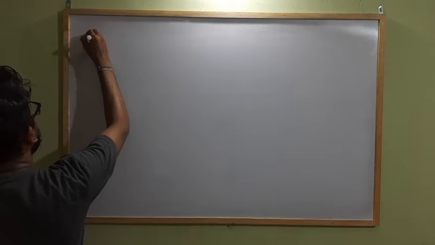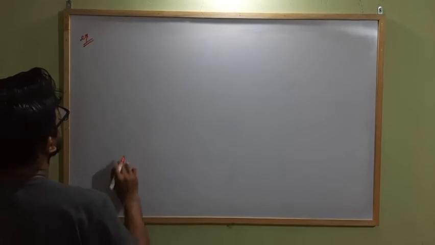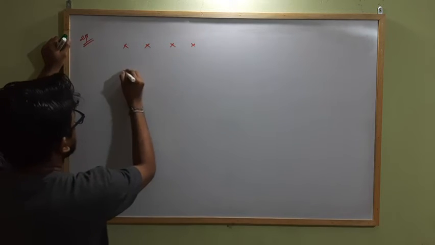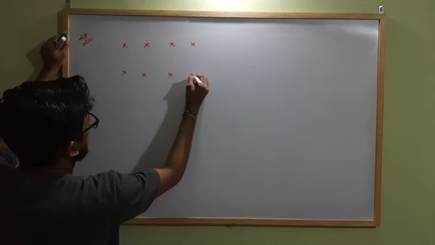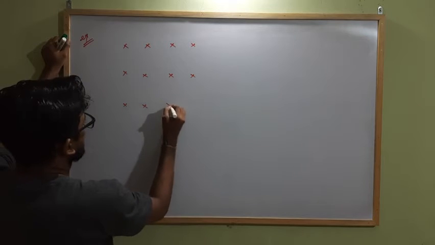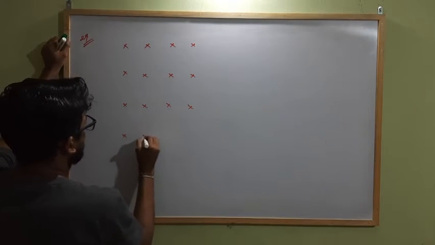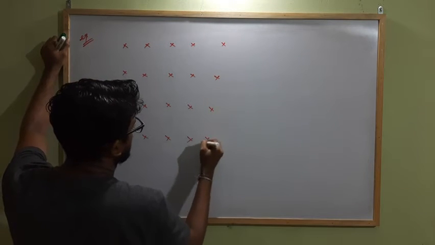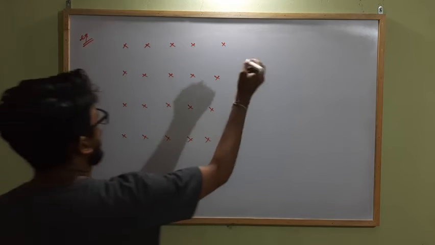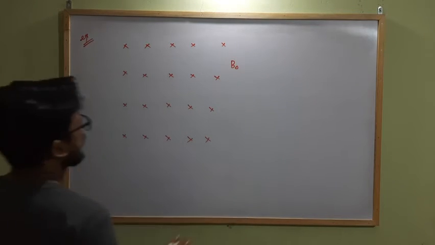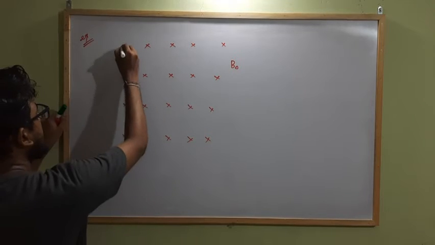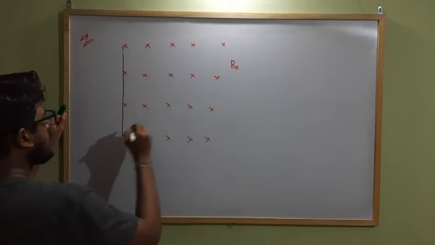So let's do another example. Here is a region having a magnetic field into the plane, like this. B naught is the strength of the magnetic field into the plane, and the magnetic field is enclosed by this much region.